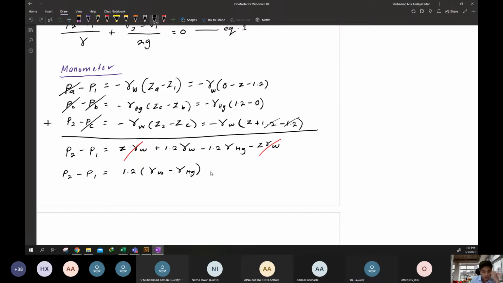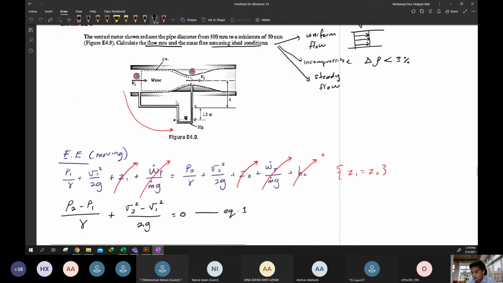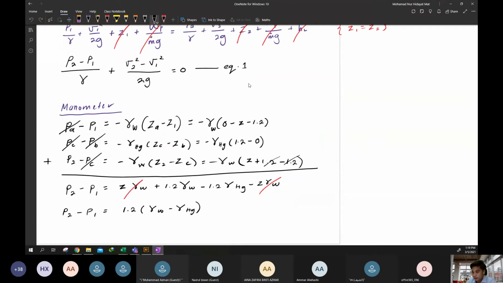Okay, up until here, do you guys understand this part? Yes. Okay, understand, yeah? So this is equation 1. You can see equation 1 and equation 2. From equation 1, this is P_1 minus P_2, this is P_2 minus P_1, this is also P_2 minus P_1.